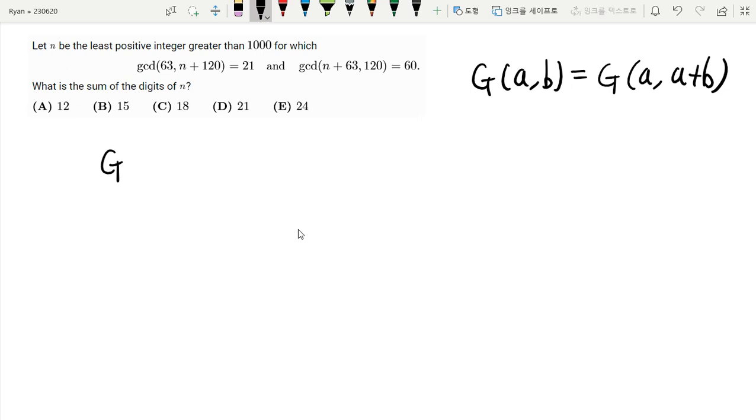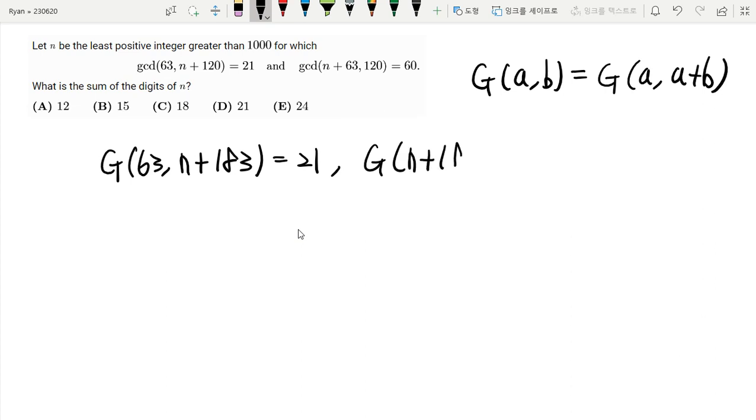So for the first one, when we add 63 and 120, the GCF doesn't change. The sum of 63 and 120 is 183, and still the GCF is 21. For the second case, once again, we can add 63 and 120, and in this case, the GCF is 60.